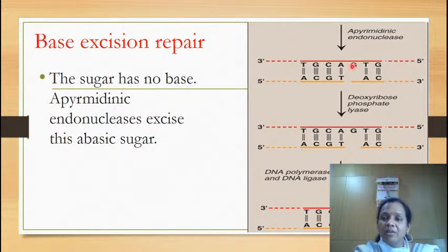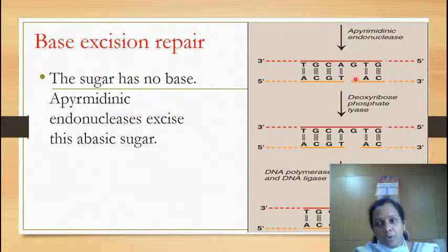A nucleotide has a nitrogen base, a ribose and a phosphate, which are compulsorily present. By means of glycosylase, the uridine that came from cytosine is removed, but there is still a sugar with no base, that is, the ribose is still present. That is removed by deoxyribose phosphate lyase.